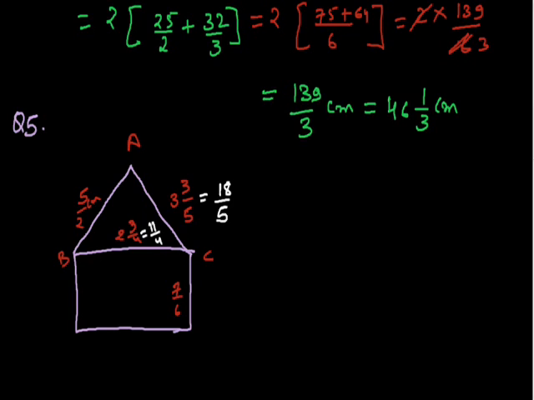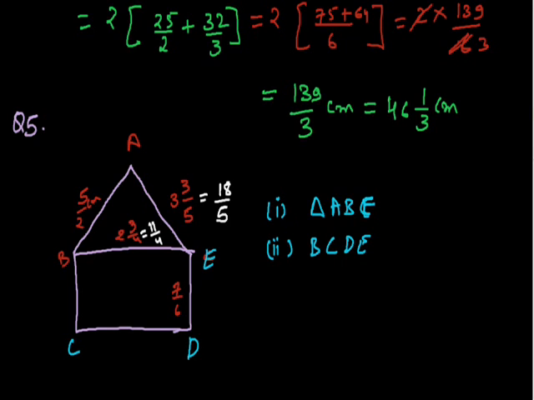Now in the first part we have to find the perimeter of triangle ABE, and in the second part we have to find the perimeter of the rectangle BCDE.